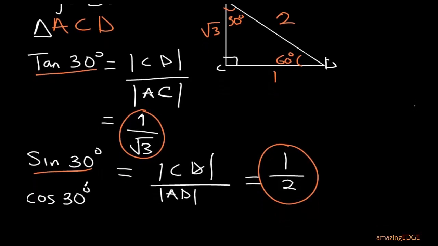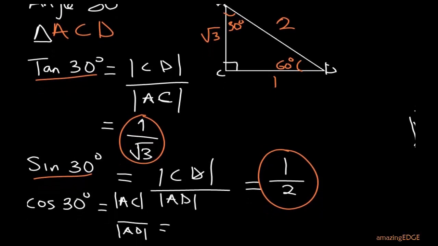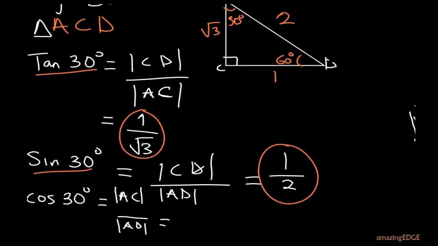For cos 30 degrees, we remember that cos is adjacent over hypotenuse. We go back again and see what we have as the adjacent. The adjacent is AC, the one that is adjacent to angle 30 degrees. Then over the hypotenuse, the longest side, or the side facing the right angle, which is line AD.